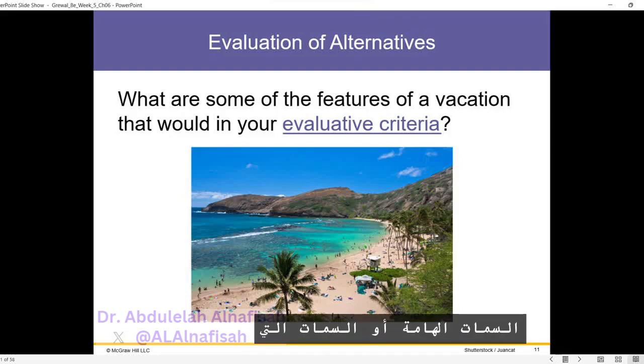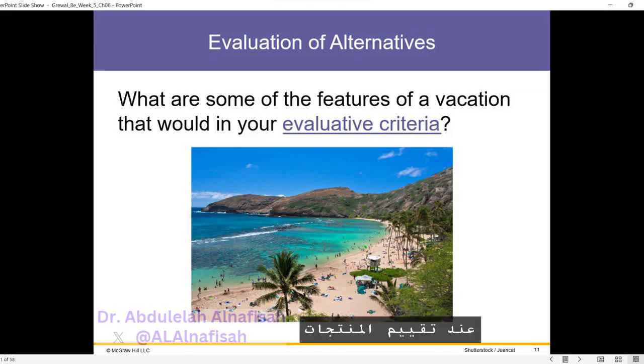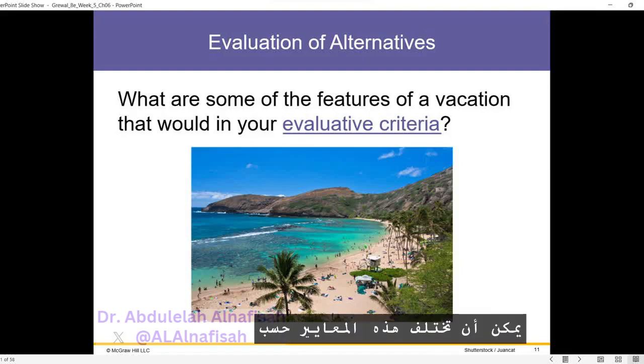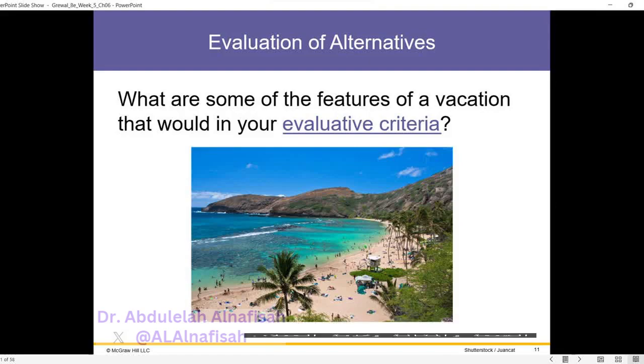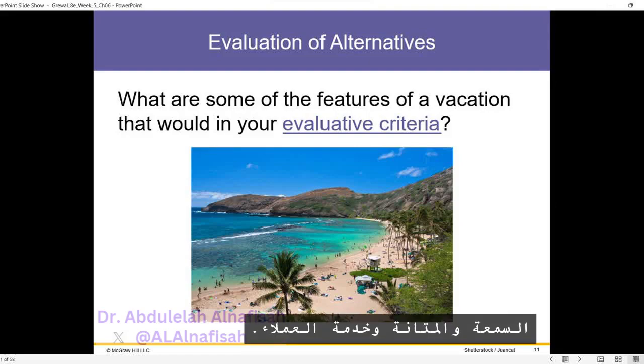Evaluative criteria are the important features or attributes that consumers consider when evaluating different alternatives. These criteria can vary depending on the product or service category and individual preferences. Examples of evaluative criteria include quality, price, color, design, reputation, durability, and customer service.